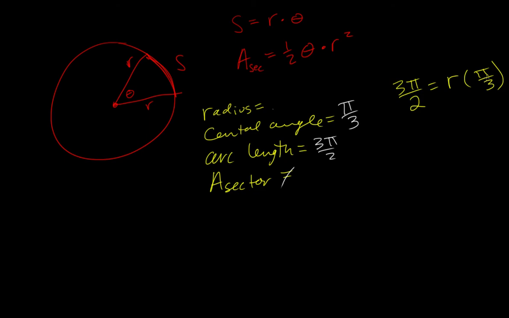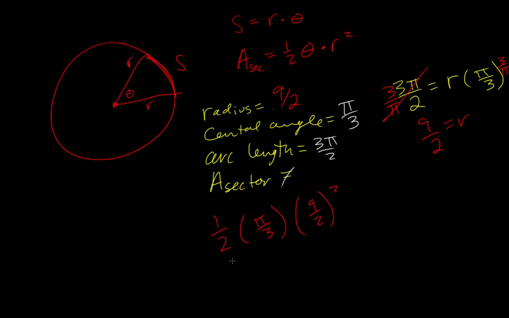Since this is a fraction and I want to get rid of it, algebraically I'm going to multiply by the reciprocal. Pi's cancel, we're left with 9/2. We multiply that out, so that's the radius, 9 halves. Area of sector, we just plug everything in, 1/2 times central angle times the radius squared.